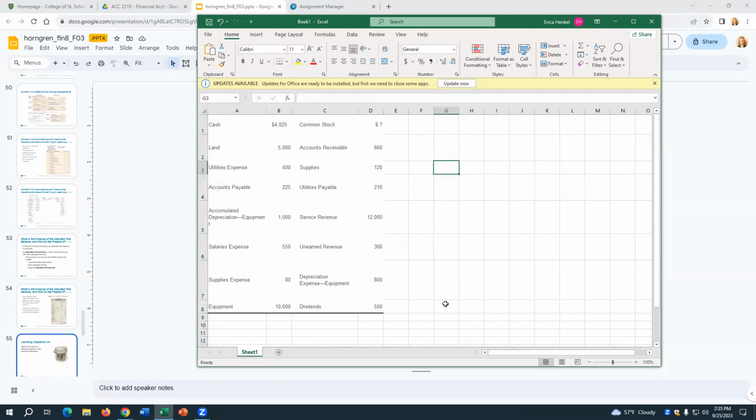All right, so if we're sorting these out, then we need to have our assets and we need to have our liabilities and our equity here, and we need to use the accounting equation. So we've got cash of 4,025, land of 5,000, minus accumulated depreciation. I'm just going in order of the list here.